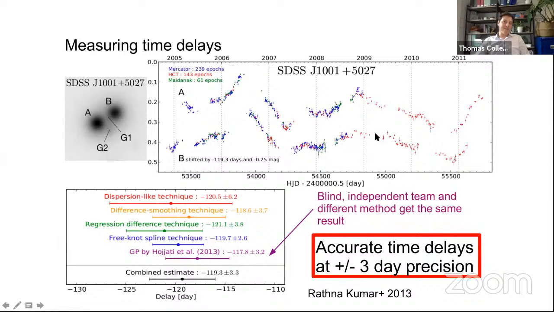They don't line up perfectly because there's a problem of stellar microlensing. So because quasars are incredibly small and because lensing galaxies have stars in them, it's not at all uncommon for a single star in the lens galaxy to form perfectly or almost perfectly on top of where one of these strongly lensed images are. And that can cause temporary magnification.